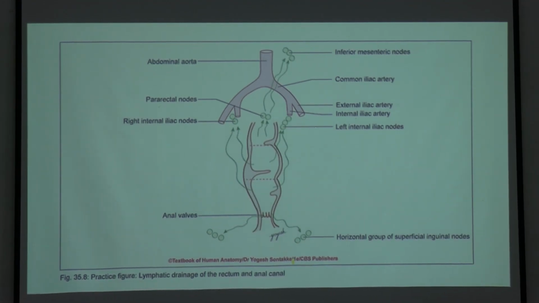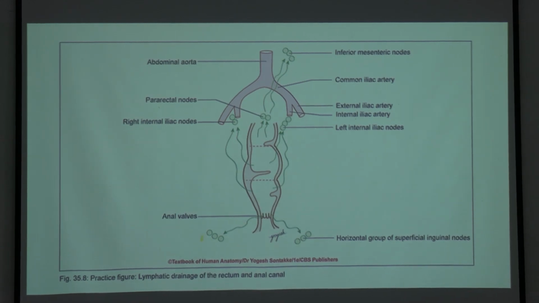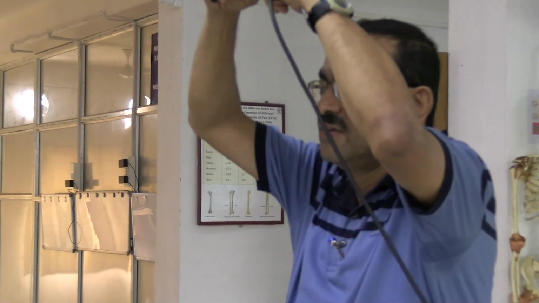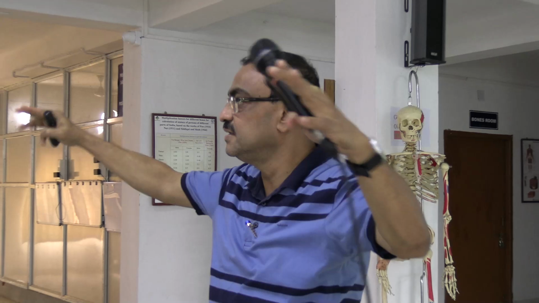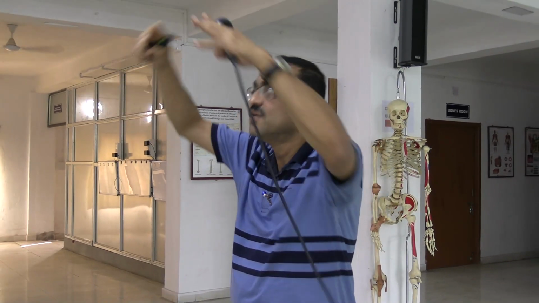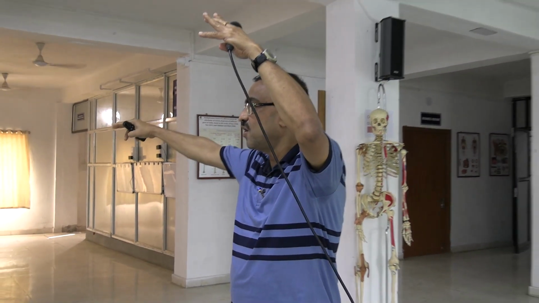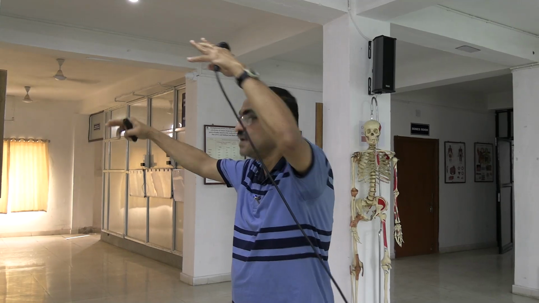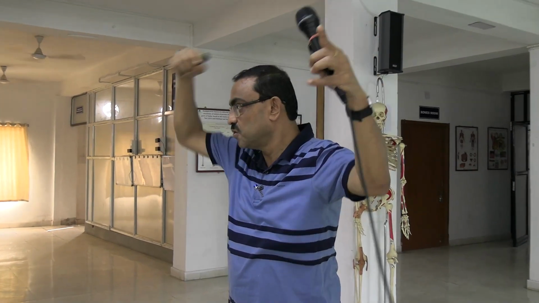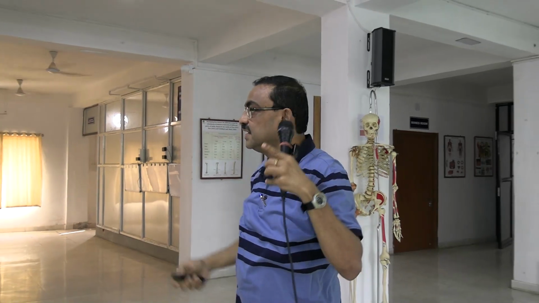Dentate line is called the watershed line, because you have seen the watershed in a heart. Water is flowing on one side, and from here it flows to the other side. So that point is called the watershed line.